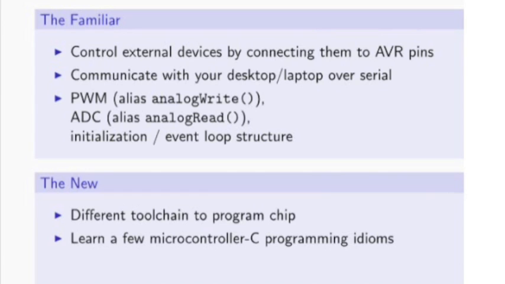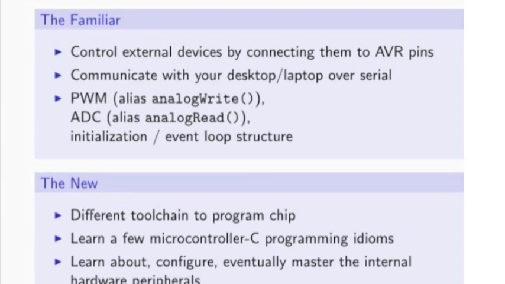It's not glamorous, but it gets the job done as easily as possible. And finally, I'll give you a couple hints about how to deal with the hardware and learn to make it your own. Eventually you will figure out on your own how to master the internal hardware peripherals. So that's the overview.